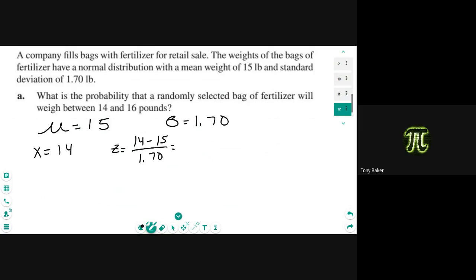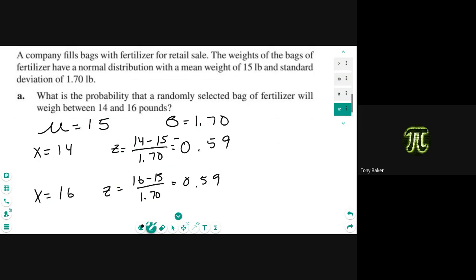Calculator. So 0.59. And then 16. This is negative 0.59, and that's positive 0.59. All right. So next thing we have to do is we've got our z-scores.